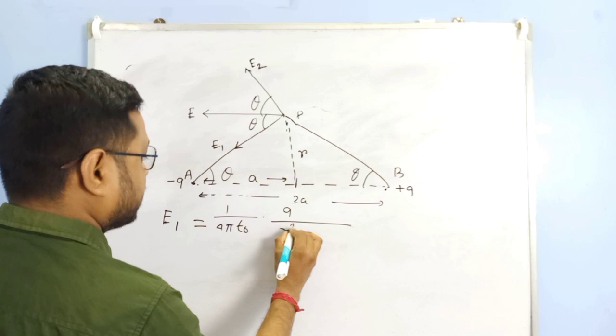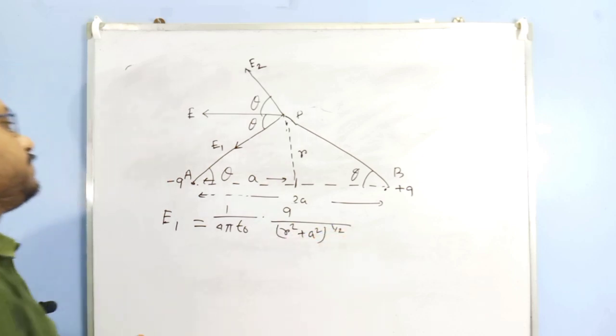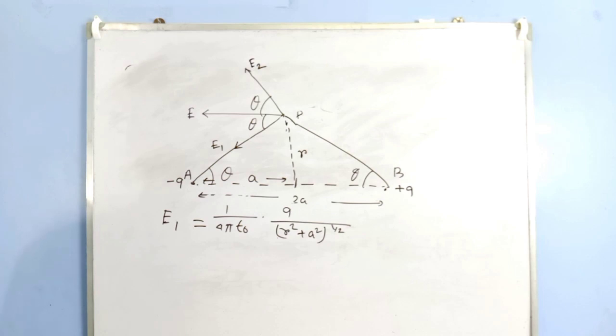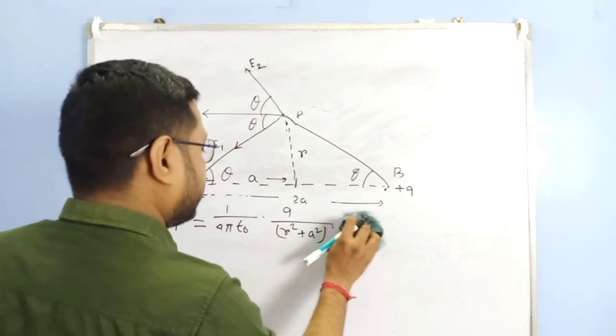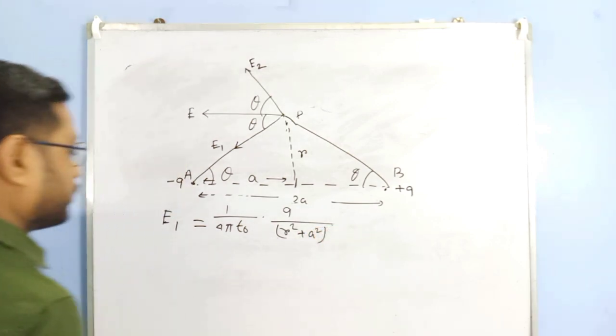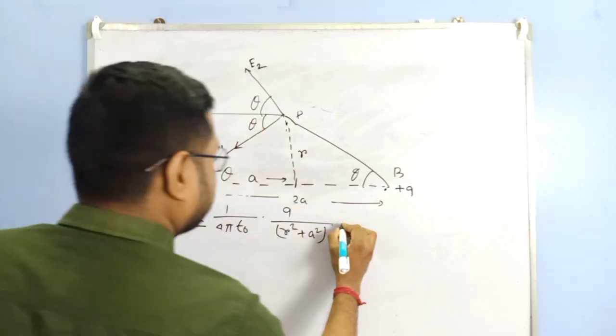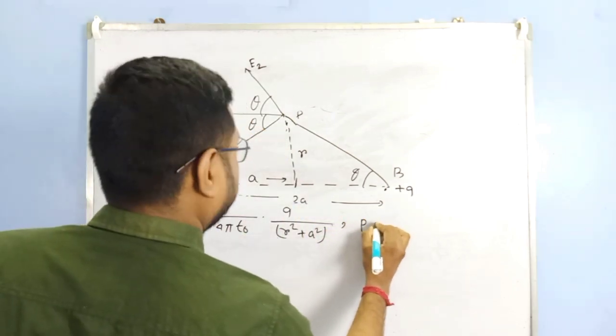So r square plus a square to the power half. Sorry, q by r square plus a square, because that is q by r square plus a square. So it is E1 and the direction is along PA.